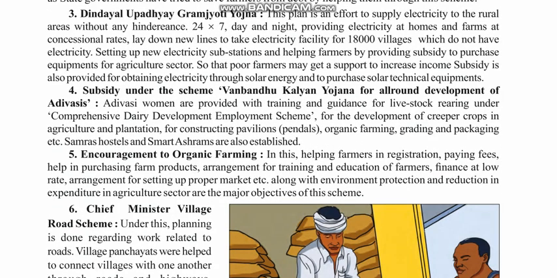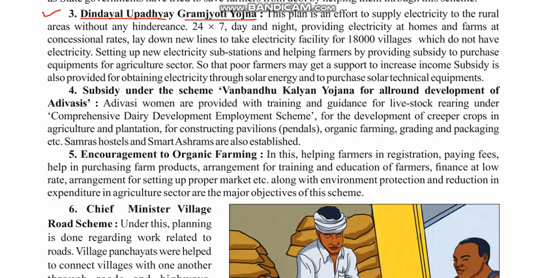Next we are going to see the Deen Dayal Upadhyay Gram Jyoti Yojana. The third scheme, Deen Dayal, is named after Pandit Deen Dayal Upadhyay, and Gram Jyoti means related to electricity.